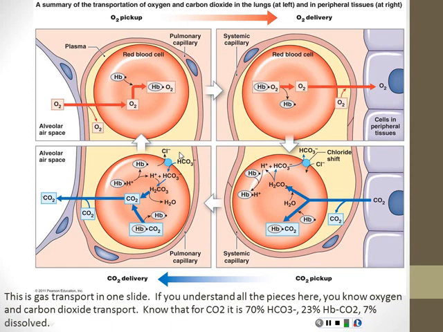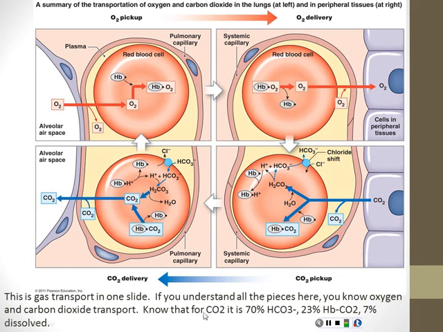And then that equation over on the side there reverses. So the bicarbonate is brought in, the hydrogen ion is added to it, made into carbonic acid, which breaks down into CO2 and water. The CO2 diffuses into the alveolus and then is breathed out, so it's exhaled.